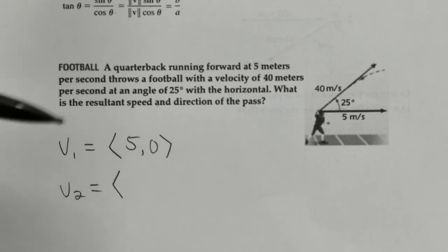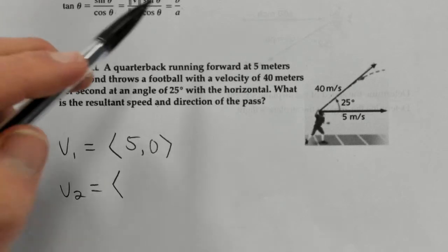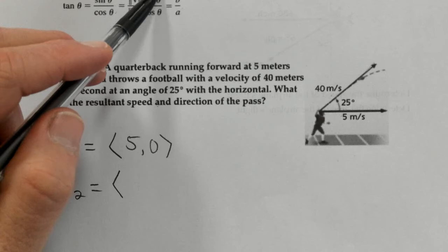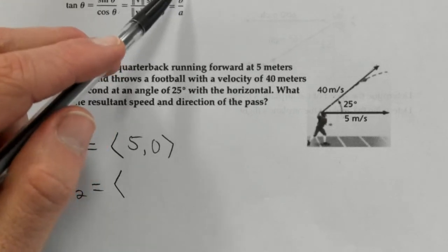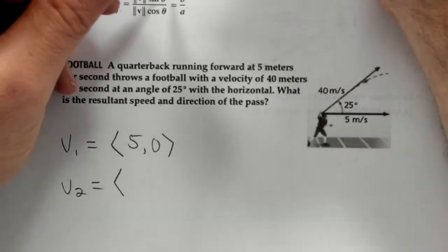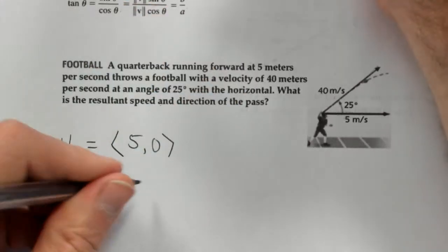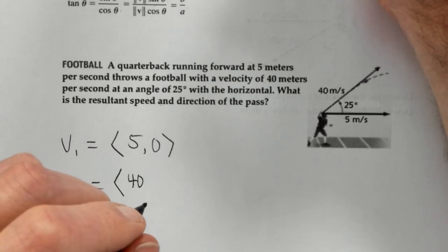But remember, how can we do it? If I wanted this component, then I could just plug it into this formula. Remember, this is the magnitude times the cosine of the angle. And so really the magnitude of the second vector is 40 meters per second.